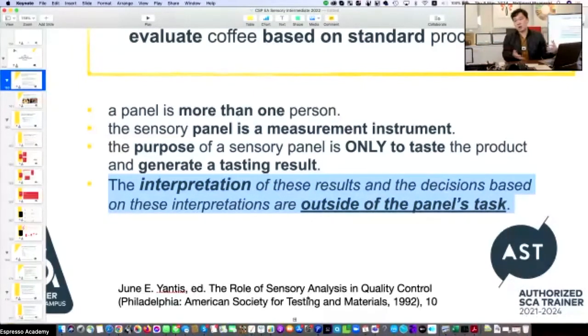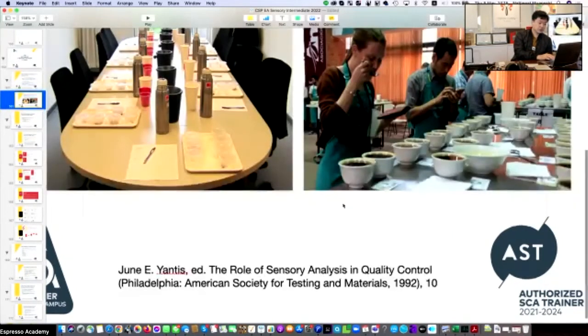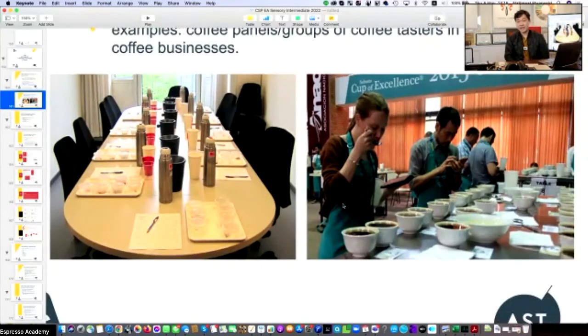Maybe you're looking for a coffee that has the most acidity, very high on acidity but low in everything else. Maybe that is what you're looking for. But there is no need for us to tell the panel. Our panel's job is to evaluate, and that is that job. So just like this one, the job is to cup and evaluate and just tell what it is.